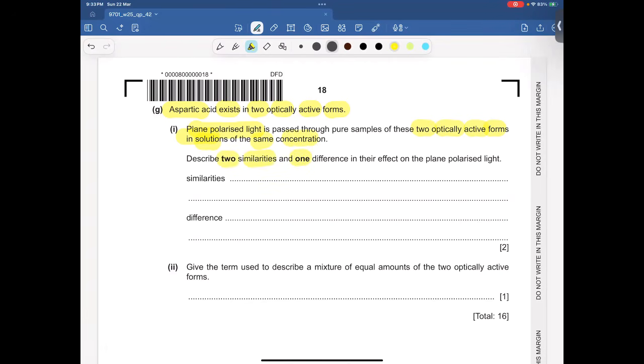Draw two similarities and one difference. Similarity is both forms can rotate plane polarized light with the same angle of deflection or with the same angle of rotation.